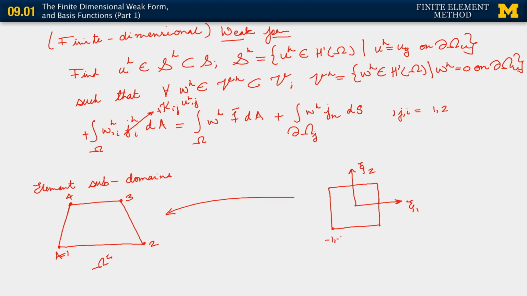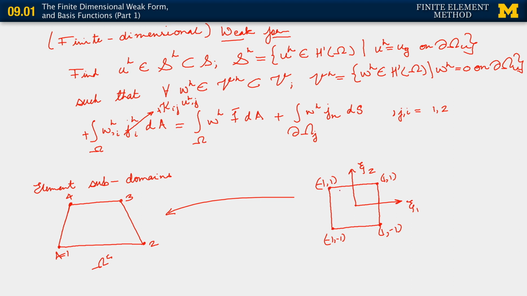All right, and here our nodes, we know exactly what these are, right? These are -1, -1, 1, -1, 1, 1, and -1, 1. Okay, those are our nodes in the bi-unit domain.